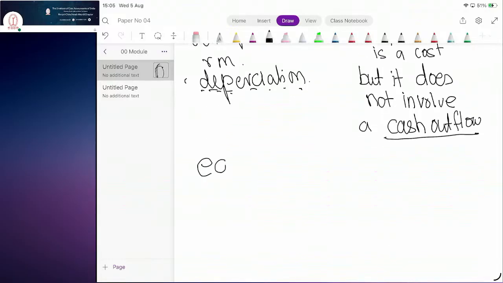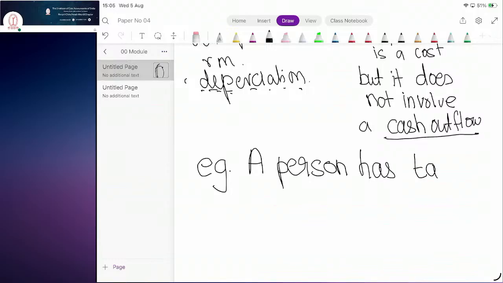Suppose, for example, a person has taken a shop on rent.